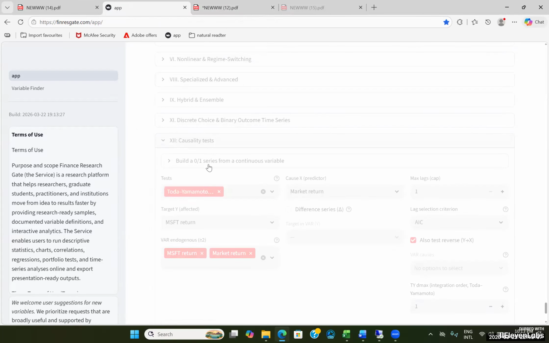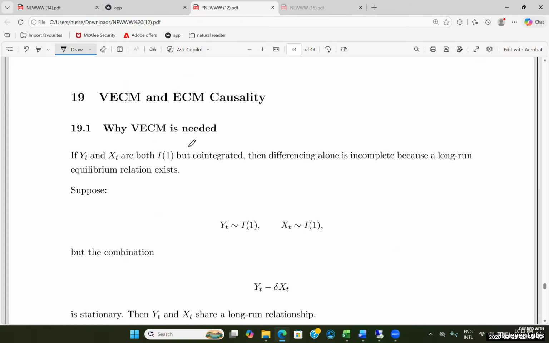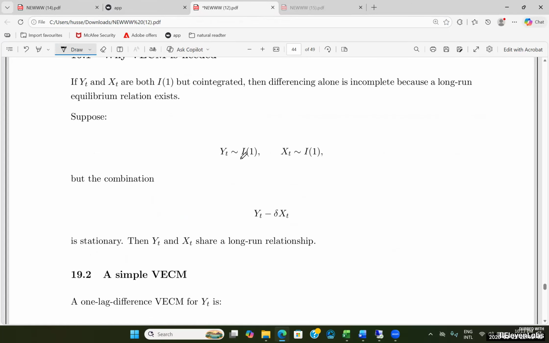We can also make use of the VECM, the vector error correction model, which is specifically designed to control for the long-run relationship between variables. For example, if you have 2 non-stationary variables, they can become stationary if we take their first difference.